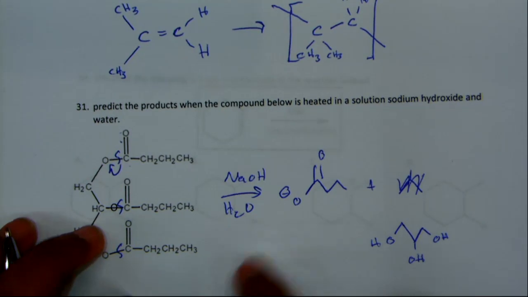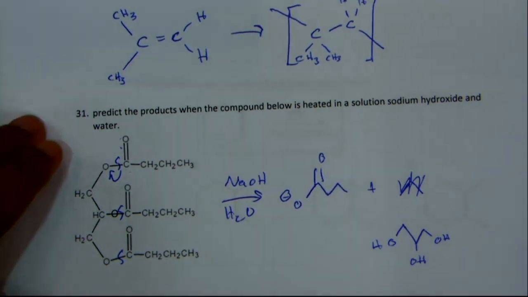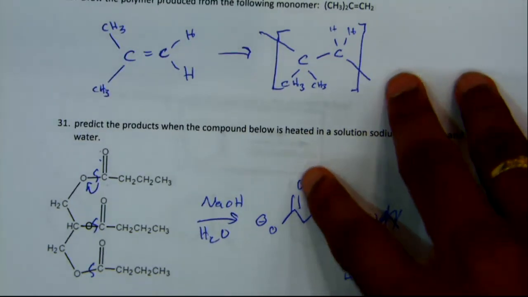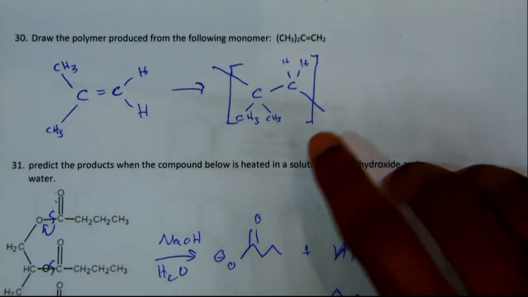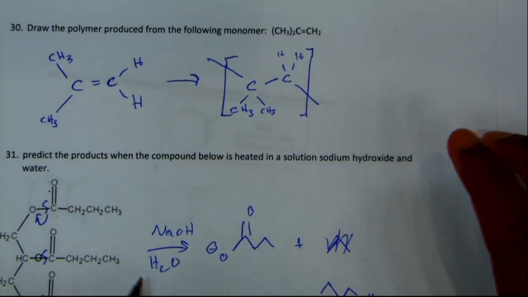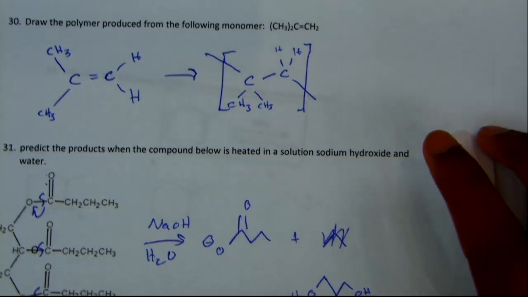I think the main thing is to know what happens when carboxylic acid derivatives undergo hydrolysis. So this is what happens. Everyone kind of good with this? All good? Okay. So yeah, this one's saponification. Maybe you've seen this in Orgo Lab, maybe not. This is just hydrolysis. There's no heat in this one, so just NaOH and water. Just basic hydrolysis.